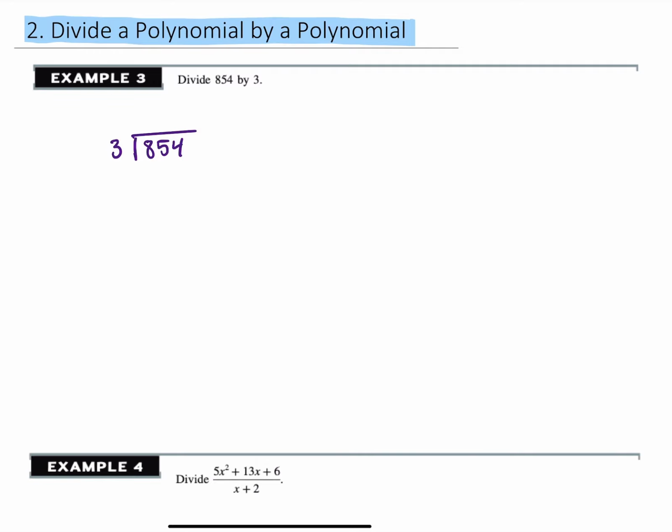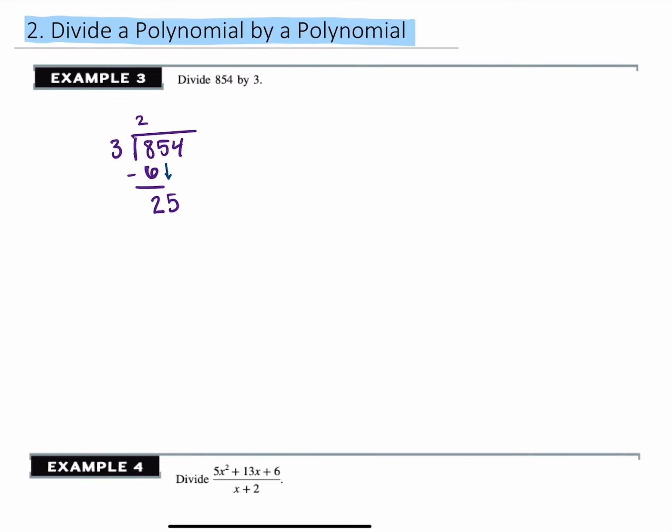So I'd think, okay, I would multiply 3 times 2 to get 6. So notice this is 2 times 3. I'm writing it here. And then I subtract these results. So 8 minus 6 is 2. Then I drop down the next term.